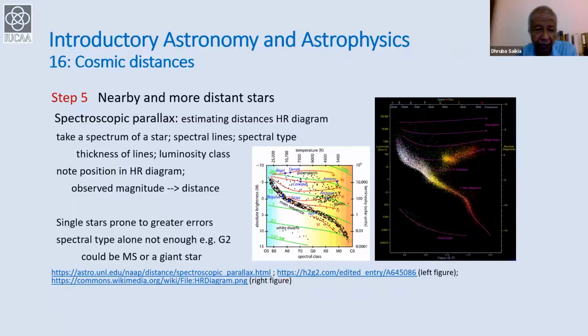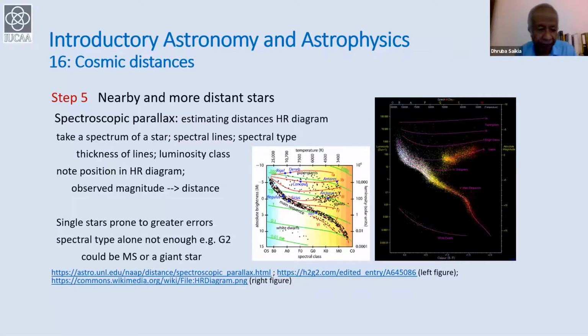We'll discuss a little bit more about luminosity classes when we discuss stars, but right now it is adequate to know that even for the same spectral signature, you can have stars which are in the main sequence, which may be giants, which may be supergiants, and we need to know the different classifications of giants, supergiants, the luminosity classification as it is called, in addition to the spectral classification, to be able to know the absolute luminosity of the object.